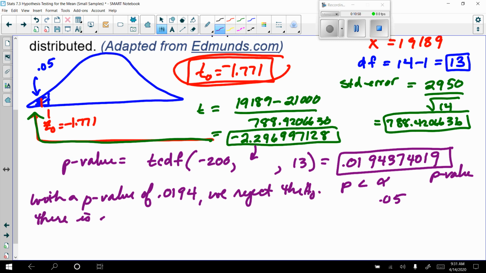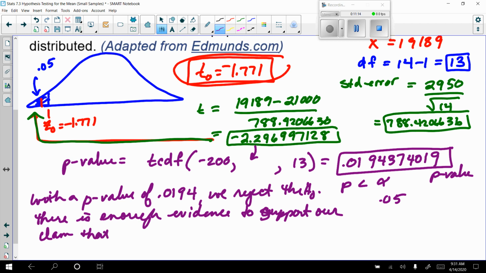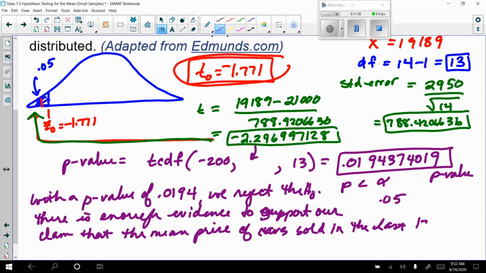There is enough evidence to claim, or to support our claim, that the mean price of cars sold in the last 12 months is less than $21,000.